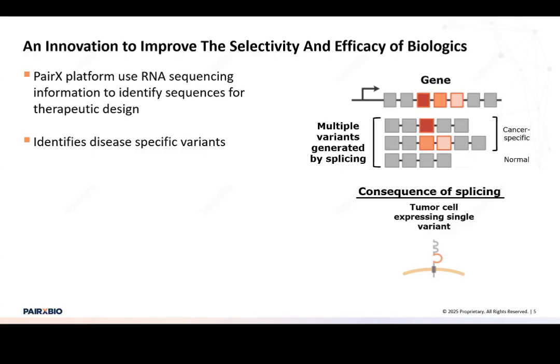At PEGS Bio we try to identify the exons which are disease relevant, and by doing that you can get a little piece of sequence and determine the consequence of splicing. You can then identify a sequence that is cancer selective and use that sequence for therapeutic development. So this is what we do at PEGS Bio.